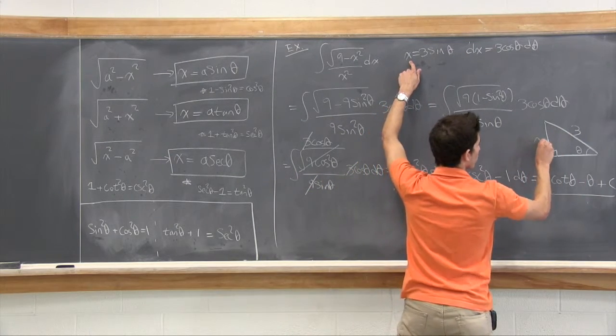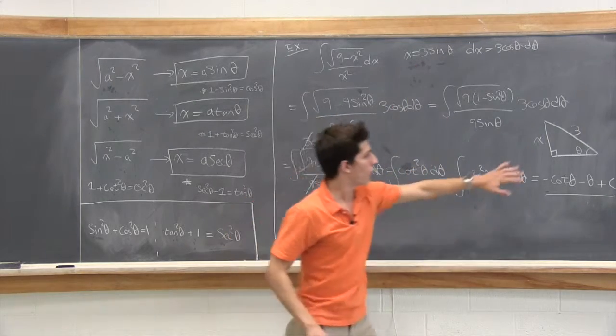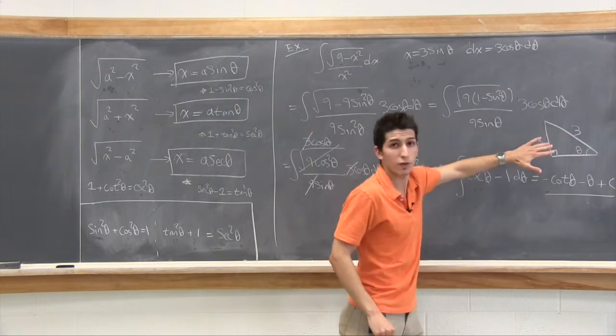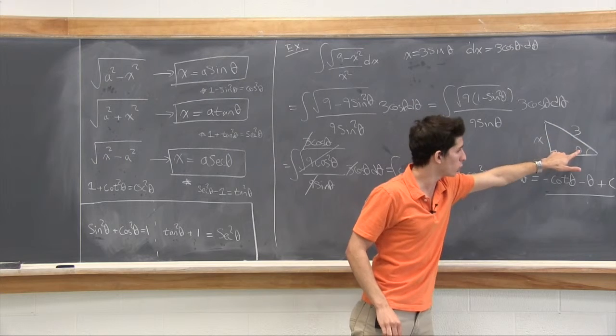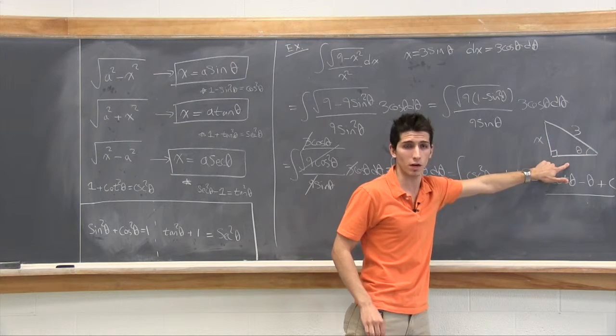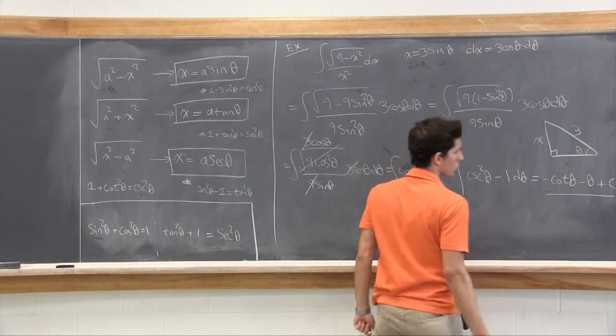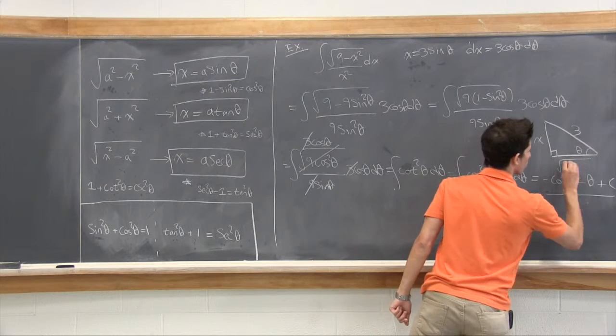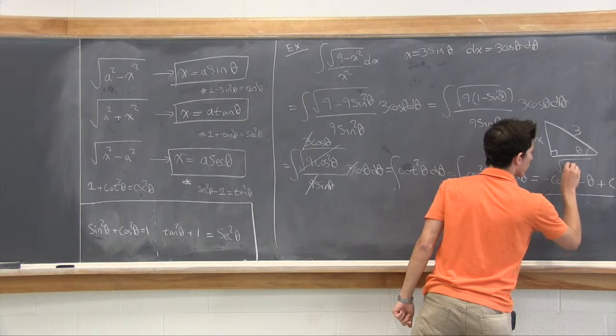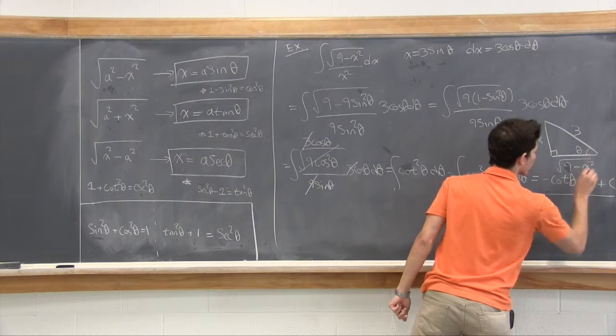So x is going to be here, right? 3 sine theta is x. If it were cosine, I would have said 3 cosine of theta, and x would have come here. Okay? So what is this side going to be? Well, it's just going to be the square root of 3 squared, or 9, minus x squared.